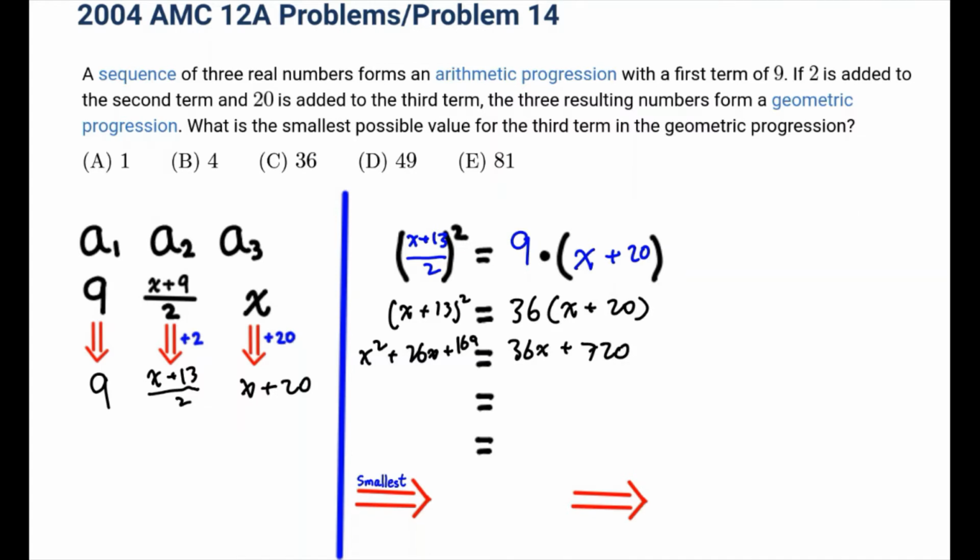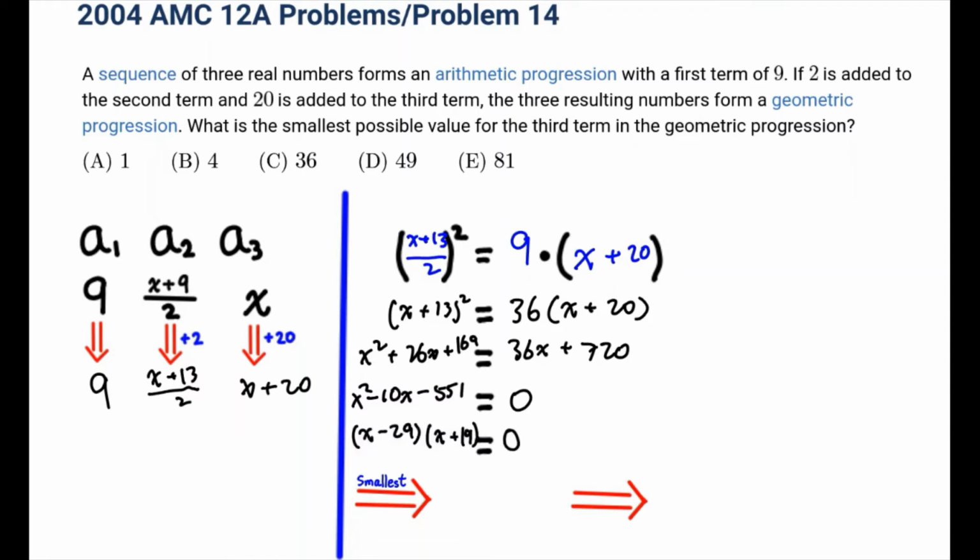And we put this on one side, we'll get x squared minus 10x minus 551 is equal to 0. But by factoring 551, we realize that this is also equal to (x - 29) times (x + 19).